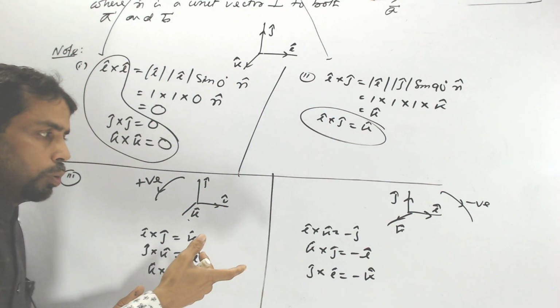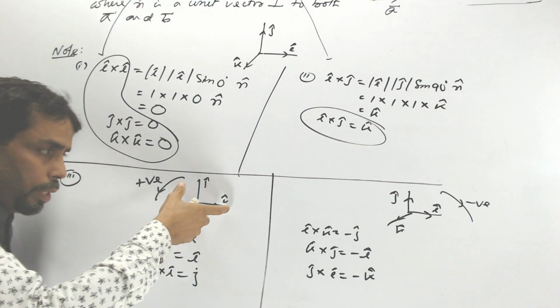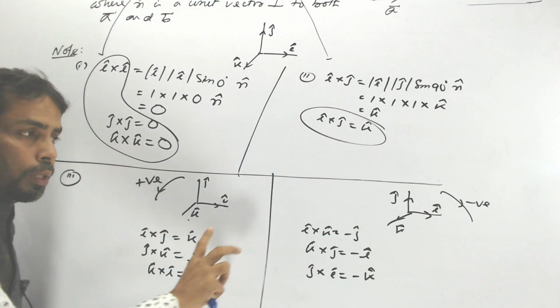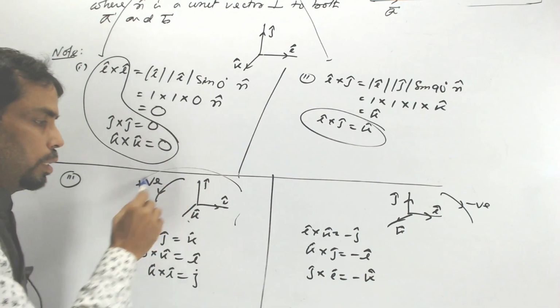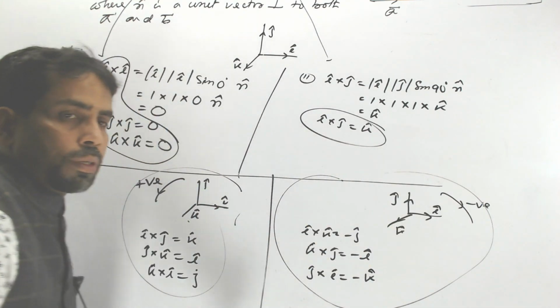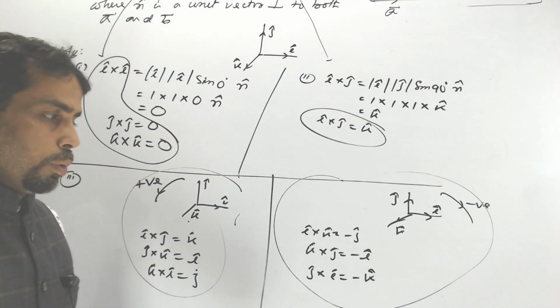When we take the anti-clockwise direction, we get the positive result. When we take the clockwise direction, we get the negative result. So this is the trick to memorize the cross products of the unit vectors i, j, k.